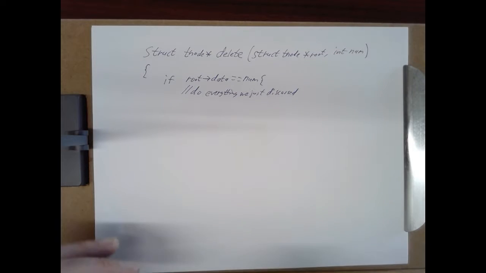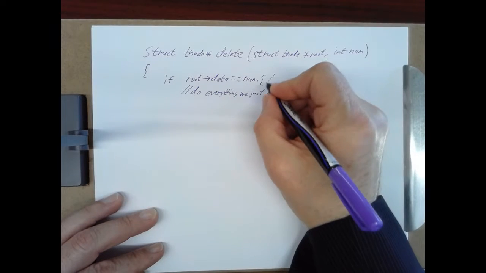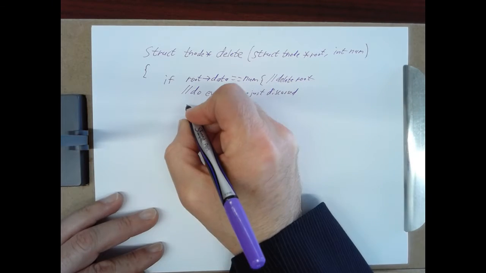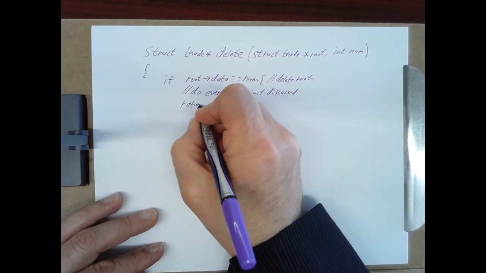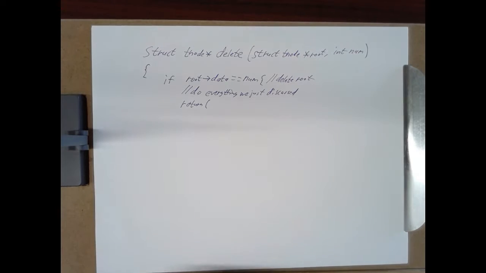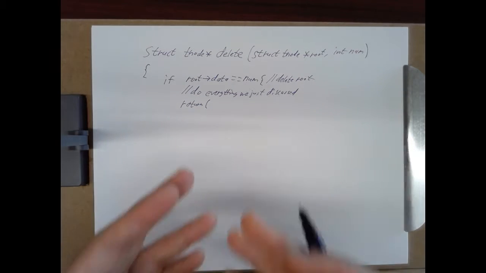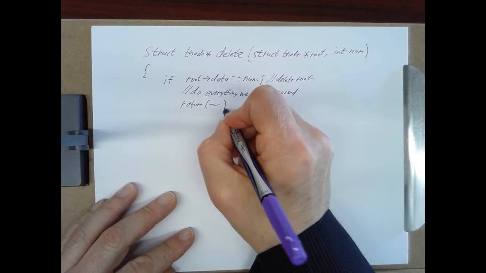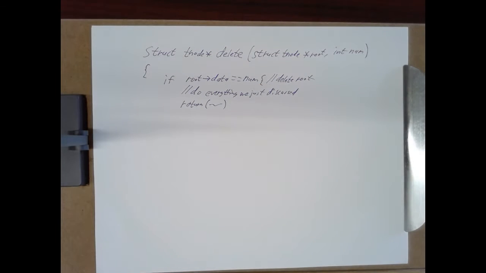So do all that stuff for deleting the root. Okay, so this is delete root. Yeah, that's part of everything that we just discussed. So all that stuff comes into this one case where we're deleting the root. Okay, and return whatever you're supposed to return in that case, the root of the new tree.